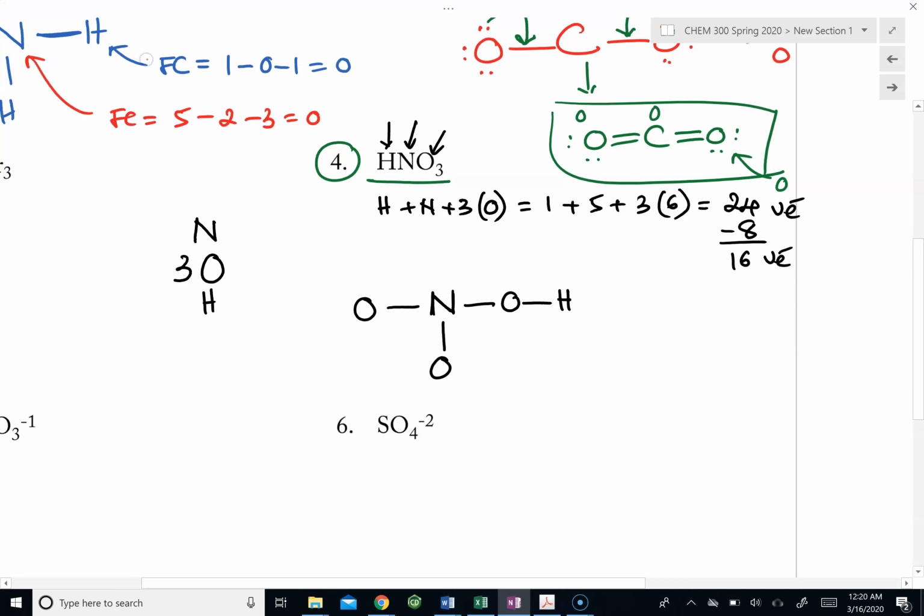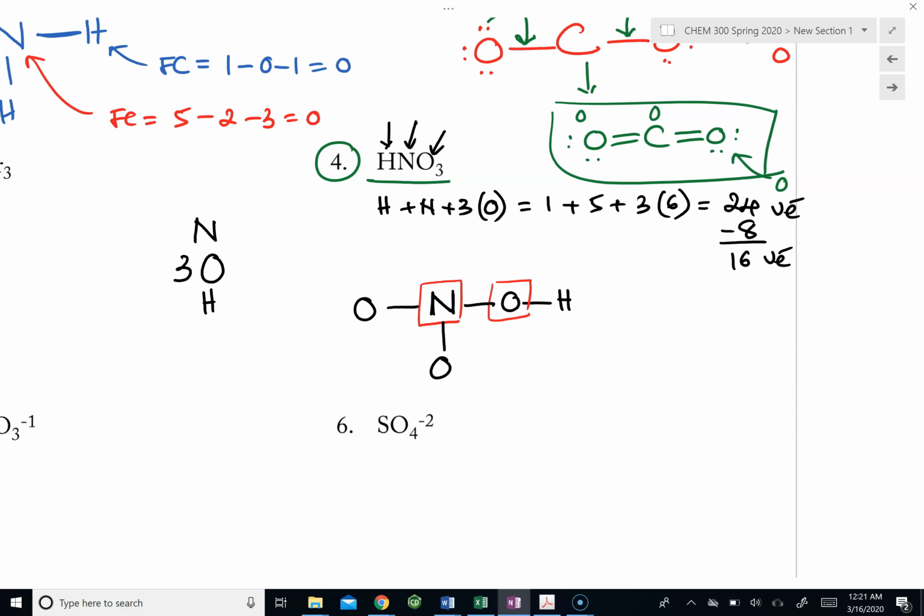Now, what do we do with these 16 valence electrons? Again, we need to give them to the terminal atom first to complete the octet for the terminal atom. Once we reach this point, we can see that nitrogen is the central atom because it has all the atoms connected to it. This oxygen is no longer a terminal atom with respect to the other oxygen that do not have the hydrogen connected to them.